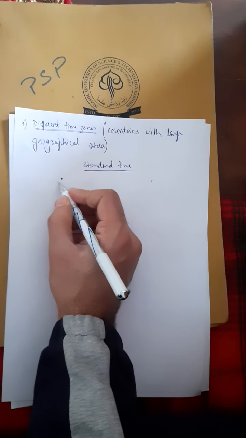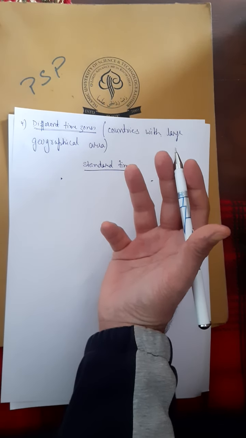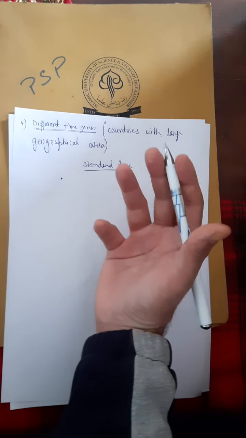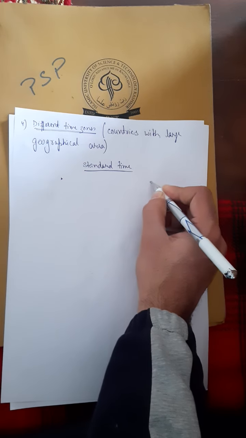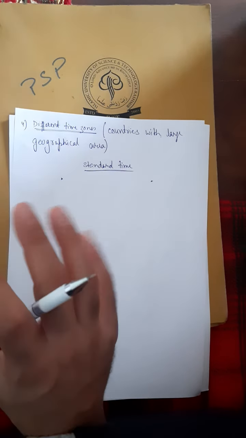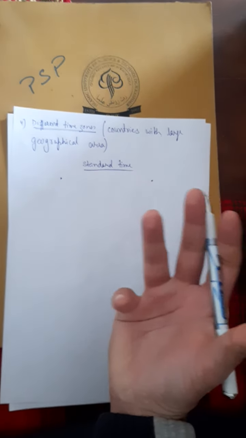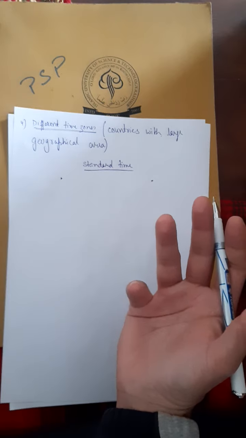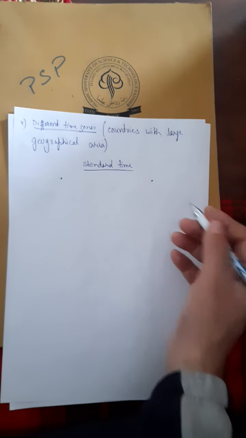At 7 a.m. in Gujarat we will say it is the beginning of the day, and at 7 a.m. in Arunachal Pradesh it will be brighter, because Arunachal Pradesh is actually 2 hours ahead of Gujarat.